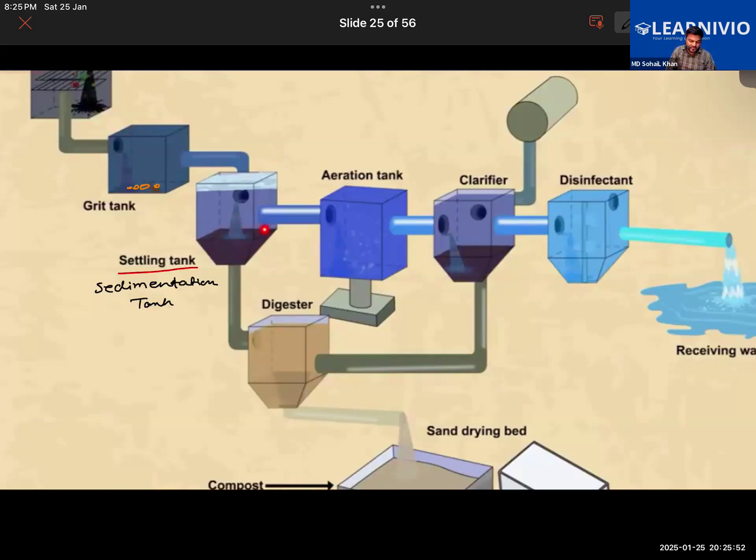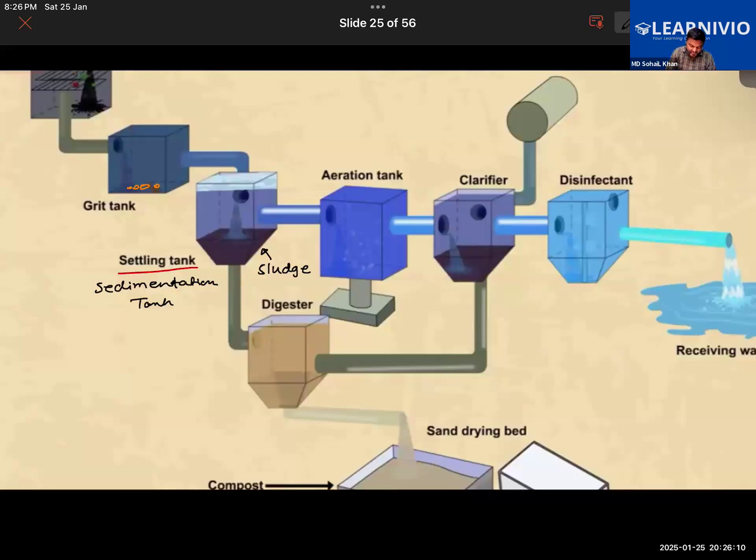This thing that you see here is called sludge. This is basically solid fecal matter that is settling here.